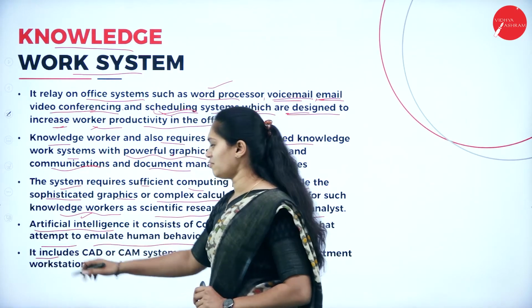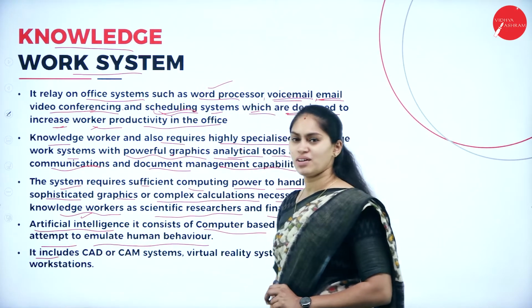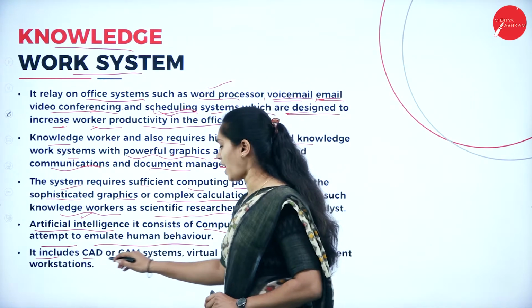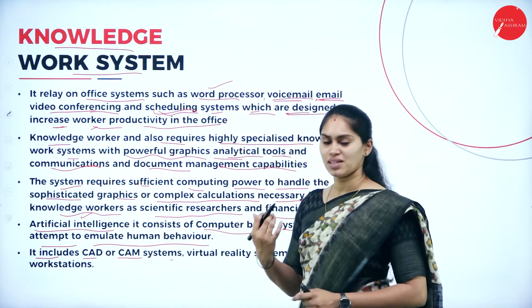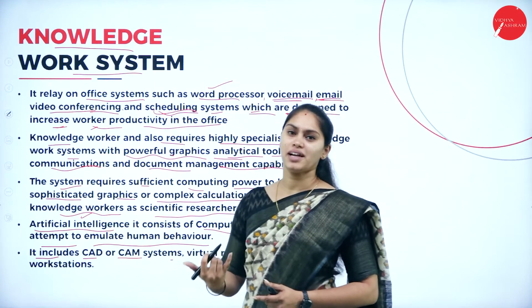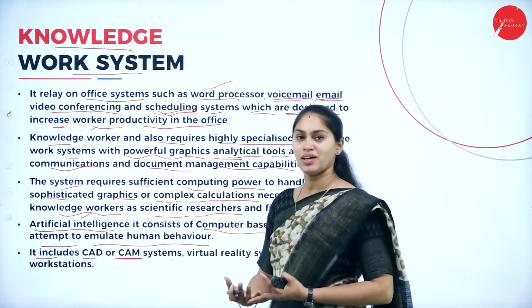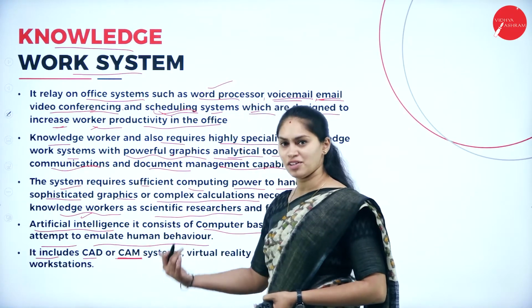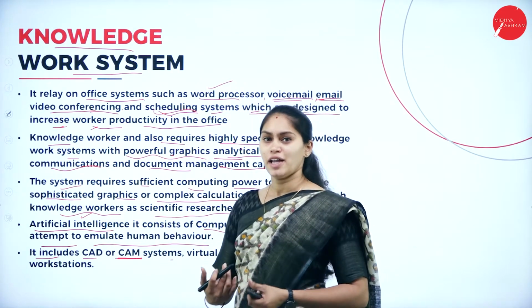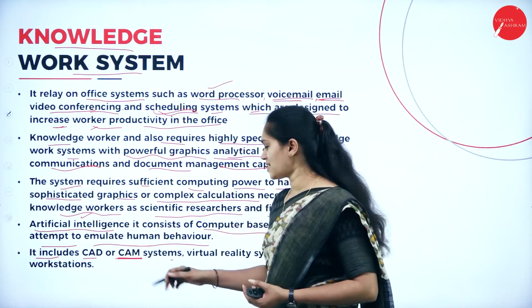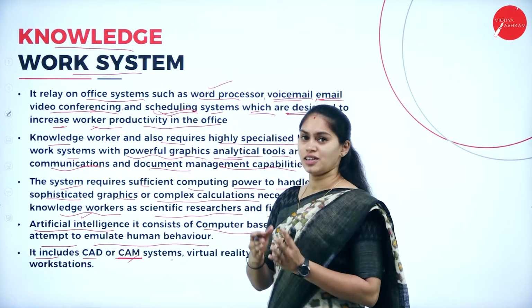So this artificial intelligence or knowledge work system will include CAD or CAM systems, that means computer aided design and computer aided manufacturing. CAD and CAM help to create and redesign things which do not really exist yet.